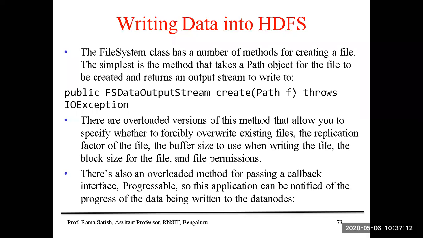A file system class is a collection of various methods associated with file operations. It has a number of methods for creating the file, modifying the file, updating the file, deleting the file. Of course, updation is not possible, but append is possible. With append you can add content, but updation is not possible.